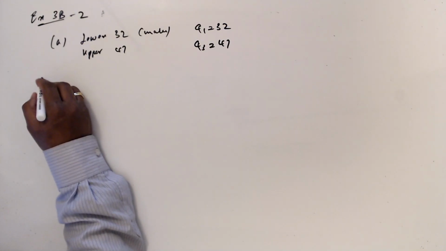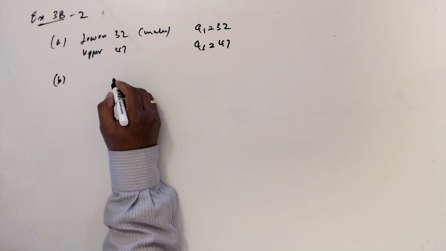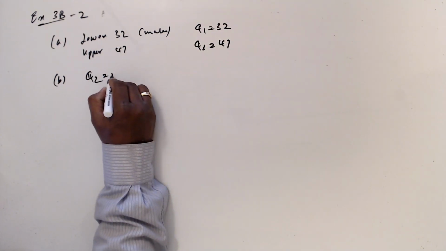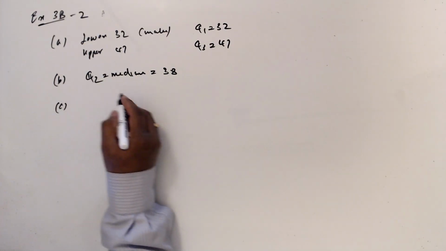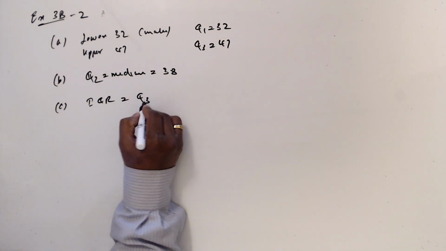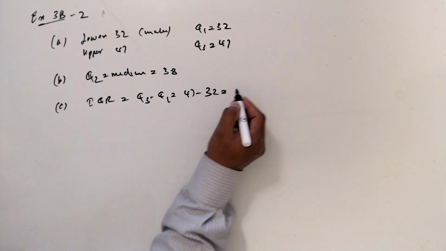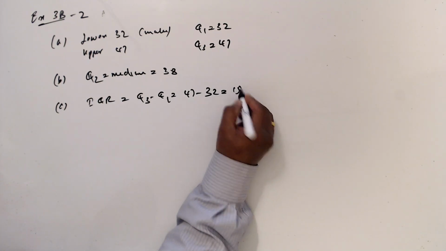Part B, write down the median. The median we can see at Q2, the median we can see at 38. And part C, IQR, interquartile range, is Q3 minus Q1, 47 minus 32, that is going to be 15.